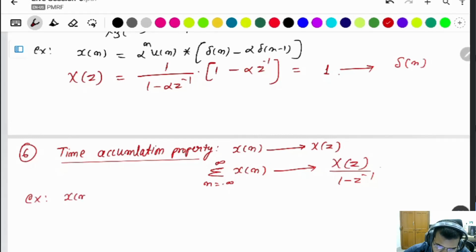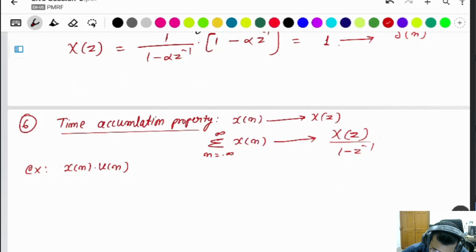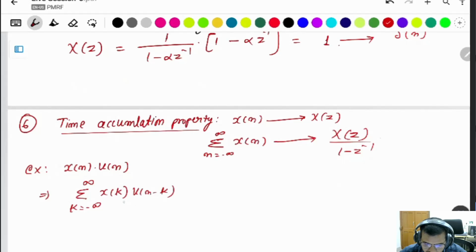If there is x[n] and u[n], for this one you can write the summation k equal to minus infinity to infinity of x[k] and u of n minus k, and because of the unit step function, you can write it as the summation k equal to 0 to infinity of x[k]. This is approximately this one.